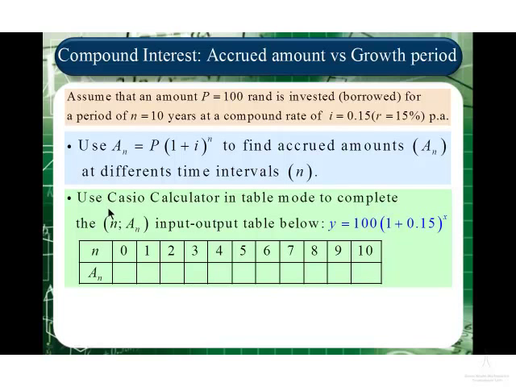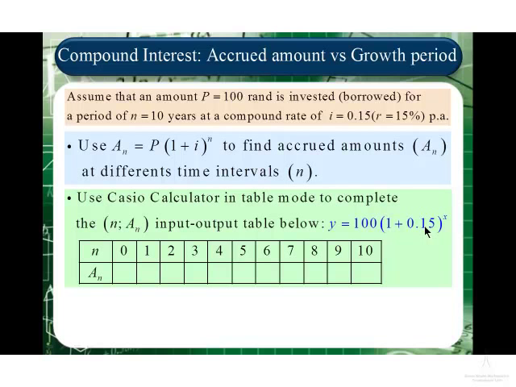So I suggest that you use your Casio calculator in table mode to complete this input-output table according to the formula. And let's see what we've done here. For the inputs, we used the variable x, and for the output, the variable y. Although we're only interested in specific values for x and y, this is the formula that applies. And if you notice, this is really typically an exponential function. And we'll say more about that in a moment.